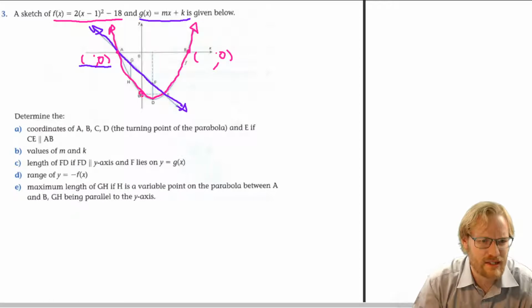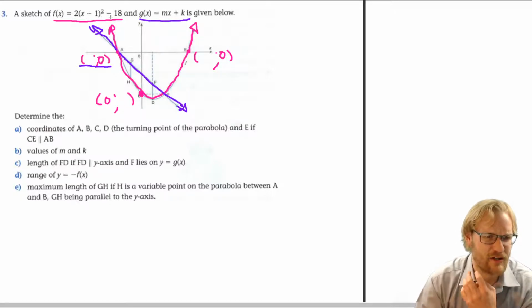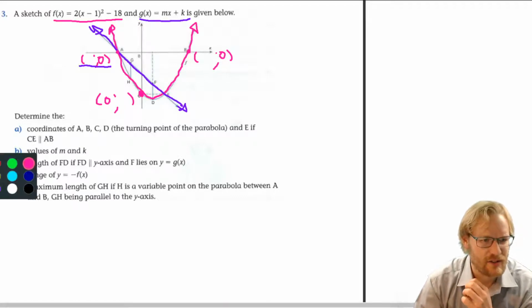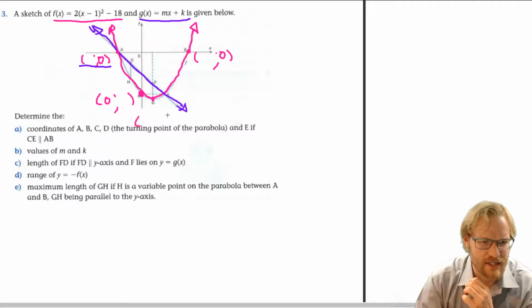C, okay, C is the y-intercept of the parabola, so we know its x value already. And we could quite quickly find out what its y value is, but I'm sure it's going to come up in one of the questions. And point D, well, that's our turning point of the parabola. Ooh, this is in turning point form. I'm going to put it in straight away. x minus p squared plus q, so p is 1.